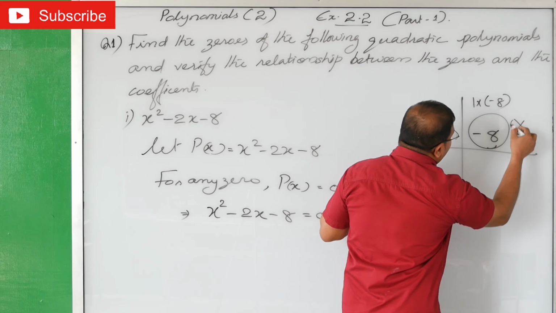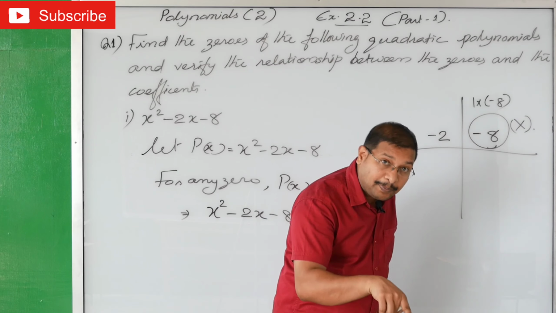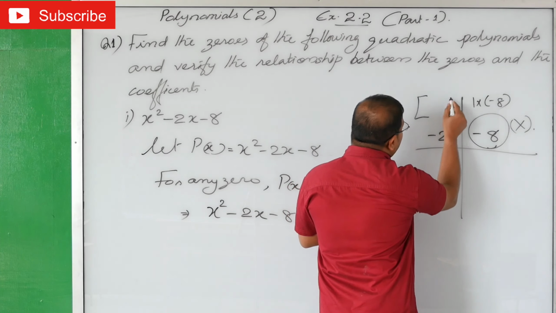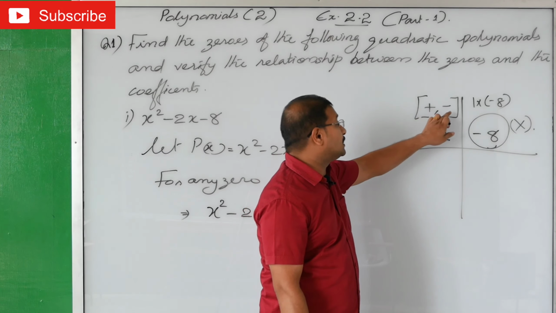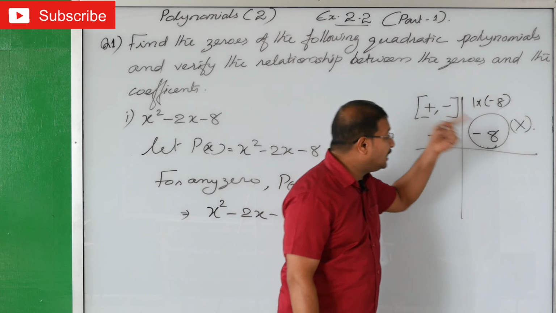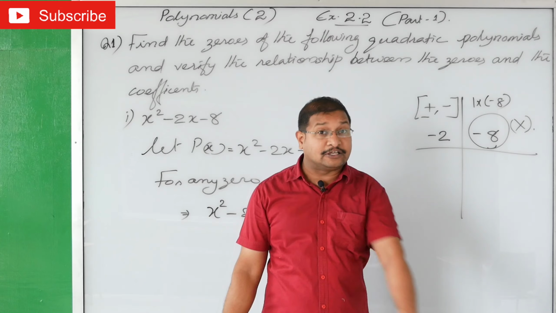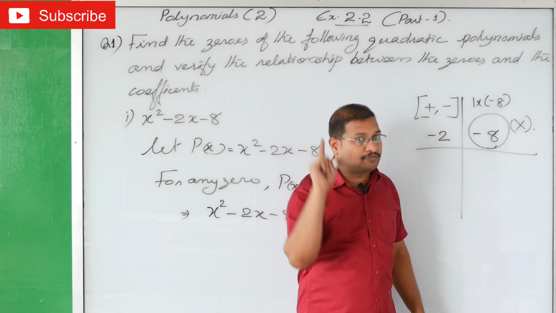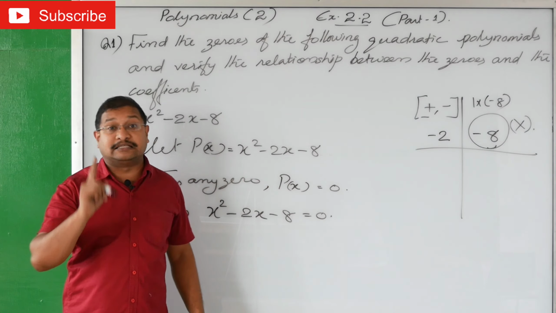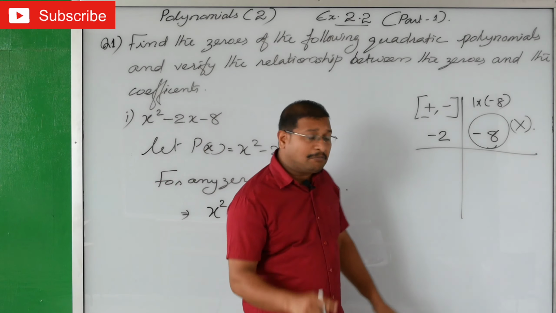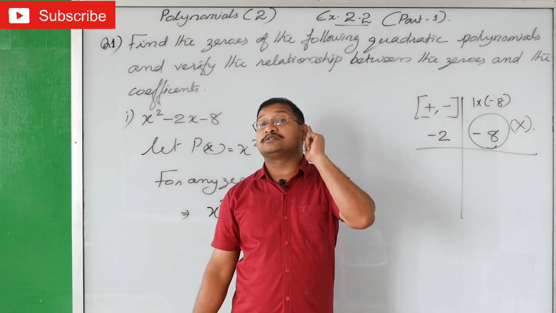This portion is always multiplication, and this side sometime plus or minus. Sometime addition will be, otherwise subtraction will be here. But here always multiplication. And if you get multiplication minus, it shows that one of the number is minus, because minus into plus is minus, or plus into minus is minus.